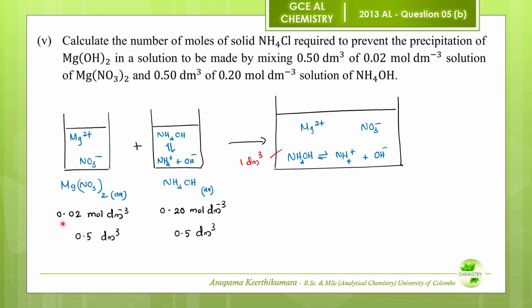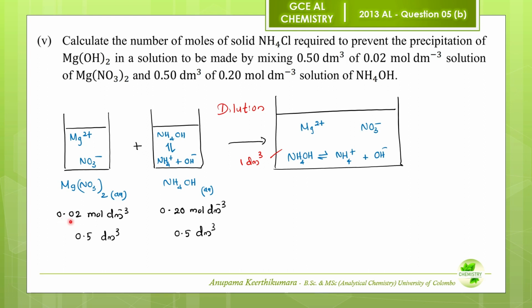The concentrations of these two solutions are given. Magnesium nitrate is 0.02 moles per cubic decimeter. Ammonium hydroxide solution is 0.2 moles per cubic decimeter. Both volumes are 0.5 cubic decimeters. When these two solutions are mixed together, a dilution takes place.